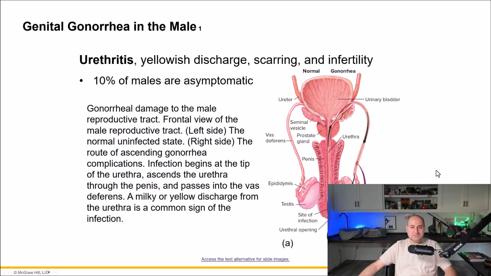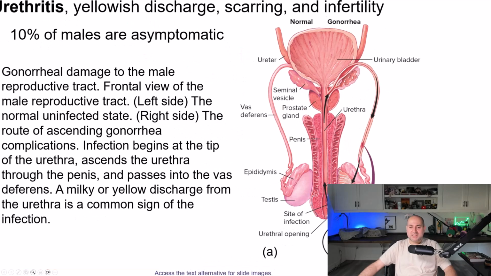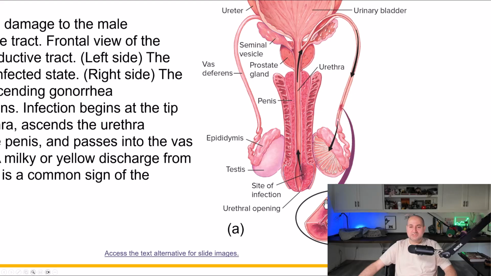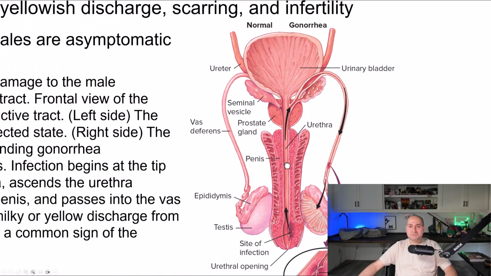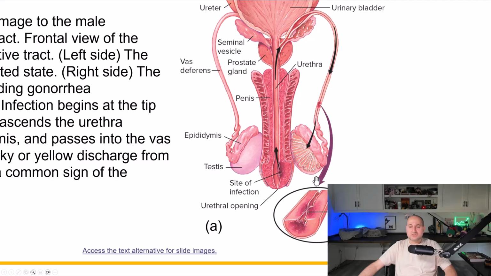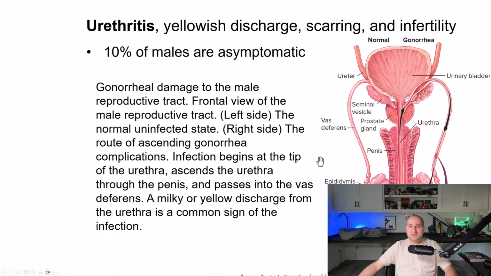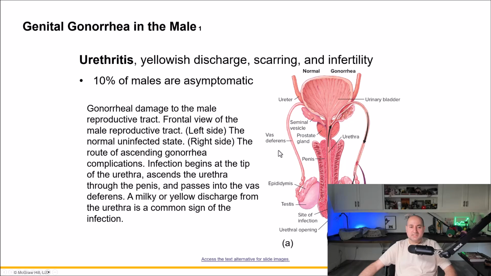By the way, 10% of males are actually asymptomatic for gonorrhea. 90% experience this yellow discharge through the penis. What happens is somewhere near the urethral opening the infection begins, and then the infection travels up the urethra, down the vas deferens, and can even infect the testes themselves, causing scar tissue to form, and ultimately can result in infertility as well.